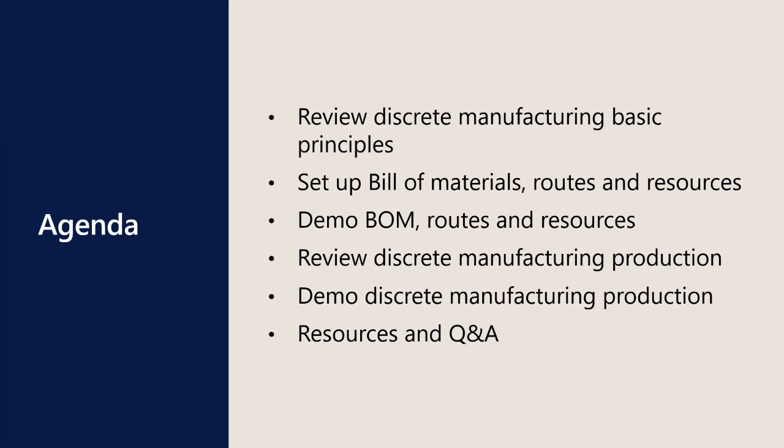I take it back and we will cover the production flow for discrete manufacturing. And then we will go back to Uday, who will show us some aspects of the process flow for discrete manufacturing in the system. We will wrap it up with some additional resources and then we will have more time for Q&A at the end.